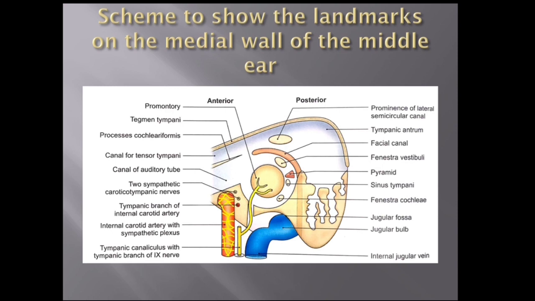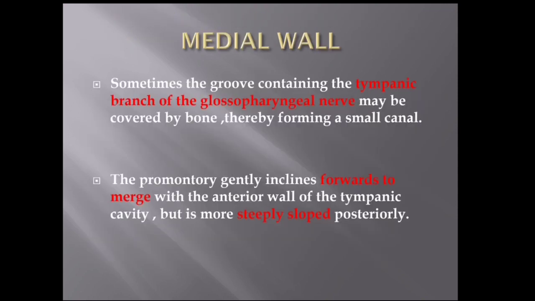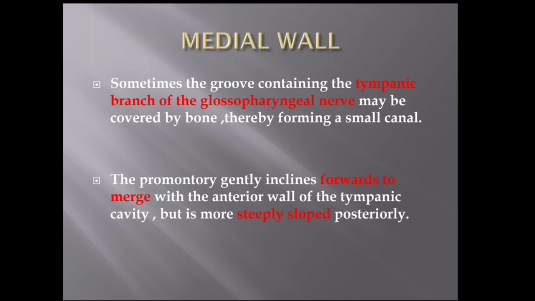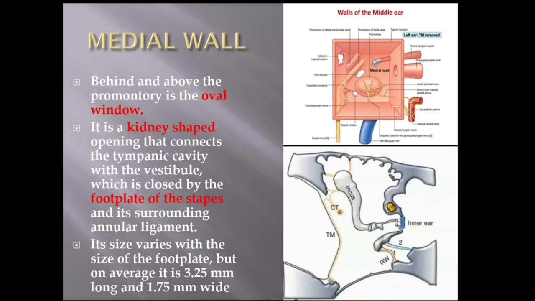Now this diagram shows the landmarks on the medial wall of the middle ear. This is the promontory. Sometimes the groove containing the tympanic branch of the glossopharyngeal nerve may be covered by bone, thereby forming a small canal. The promontory gently inclines forward to merge with the anterior wall of the tympanic cavity, but is more steeply sloped posteriorly.